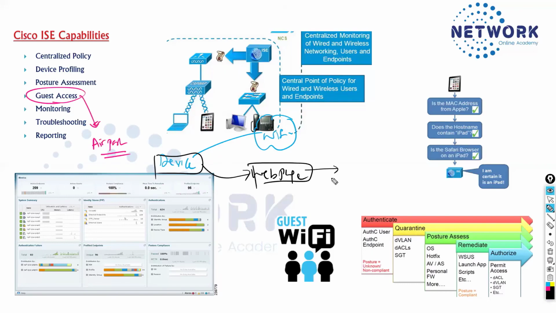And in that web page, you're going to provide some kind of details. Like in India, let's say if you're connecting to Wi-Fi in an airport, then probably in that portal page, you have to enter your mobile number, and they will send you the credentials, the login details to that mobile number, which you can use to log in, and then access the internet.